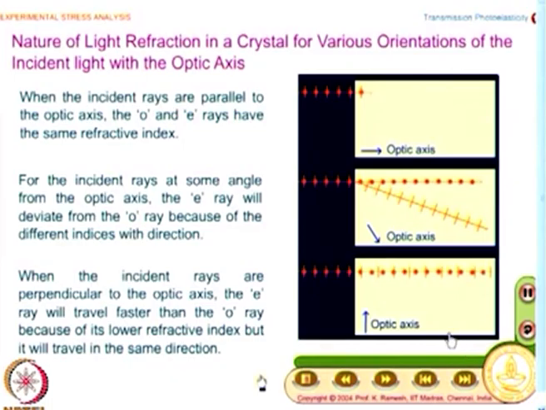And what is summarized here? When the incident rays are perpendicular to the optic axis, the extraordinary ray will travel faster than the ordinary ray because of its lower refractive index, but it will travel in the same direction.